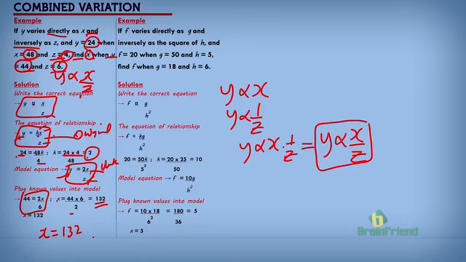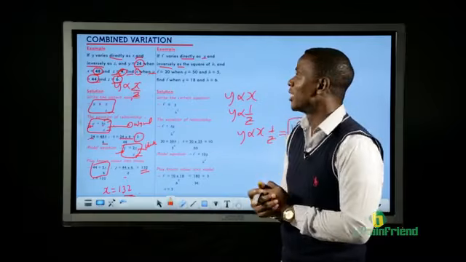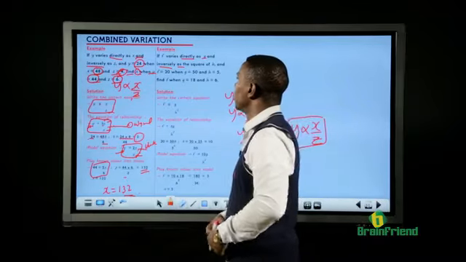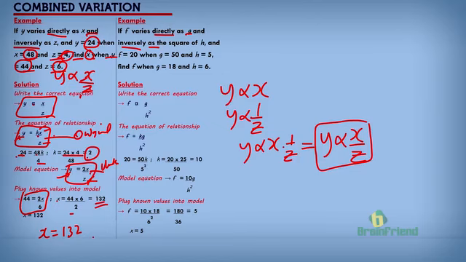On to the next question. If f varies directly as g and inversely, so we have both direct and inverse. When you see such a question without being told, you know at once that it's a combined variation. If f varies directly as g and inversely as the square of h, and f is equal to 20 when g is 50 and h is 5, find f when g is 18 and h is 6.